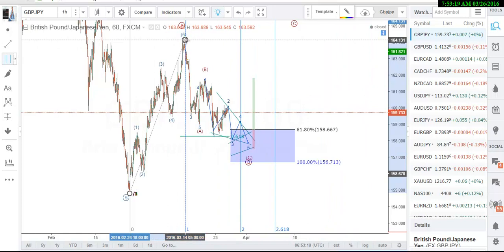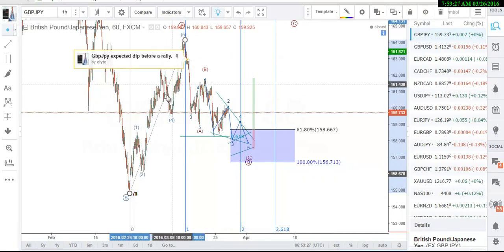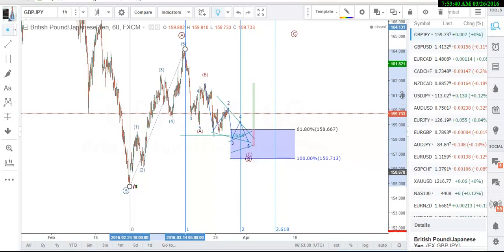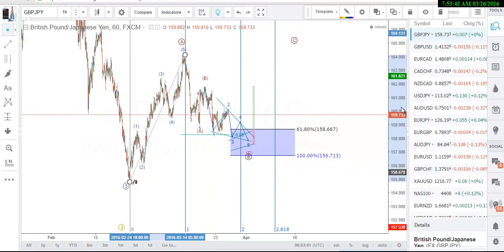All right, so this is 2. That means the 100% extension of here. That means that at this level, wave B is going to take exactly the same time that it took wave A to be completed, which is a very nice time ratio.